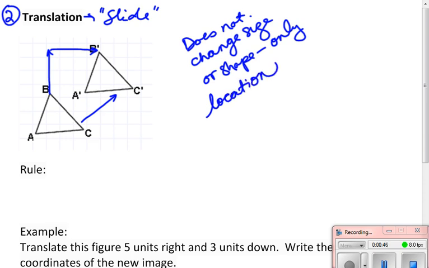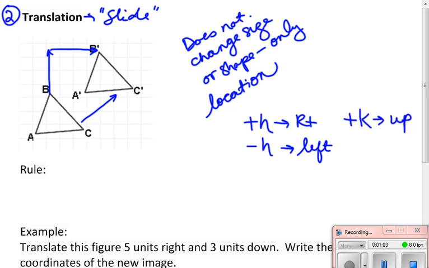And what we're going to find is if you have a positive h, this will make sense in a minute, you move right, a negative h, you move left. If you have a positive k, you go up, a negative k, you go down. So it's the same concept that we use with slope: positive is up and right, negative is down and left.